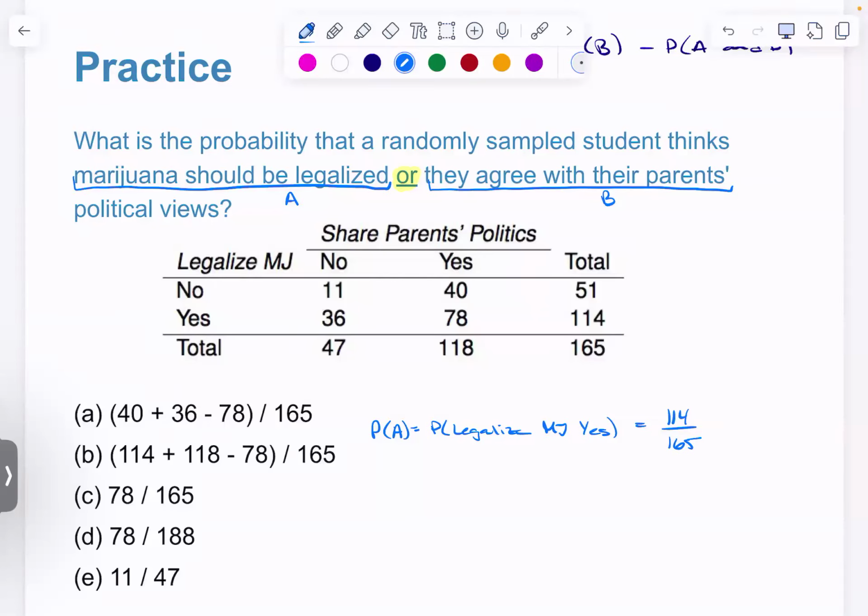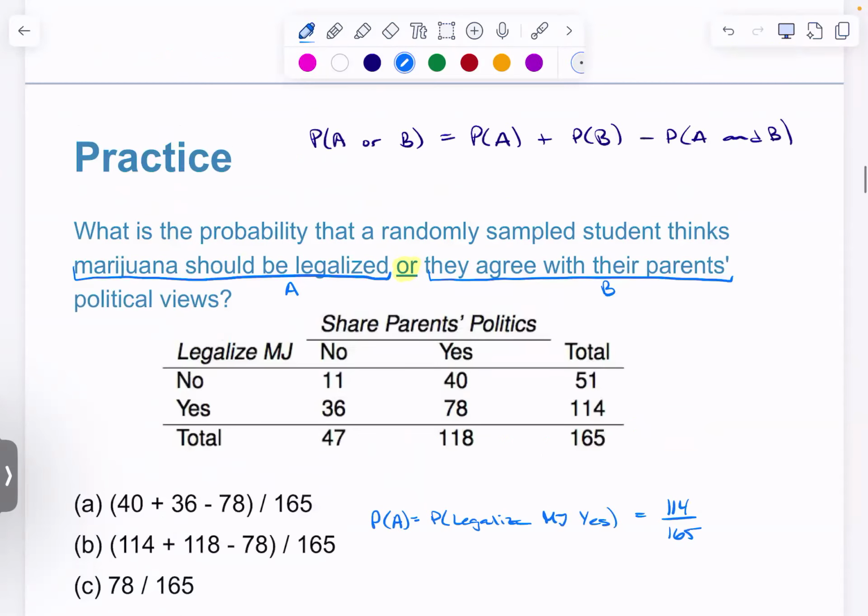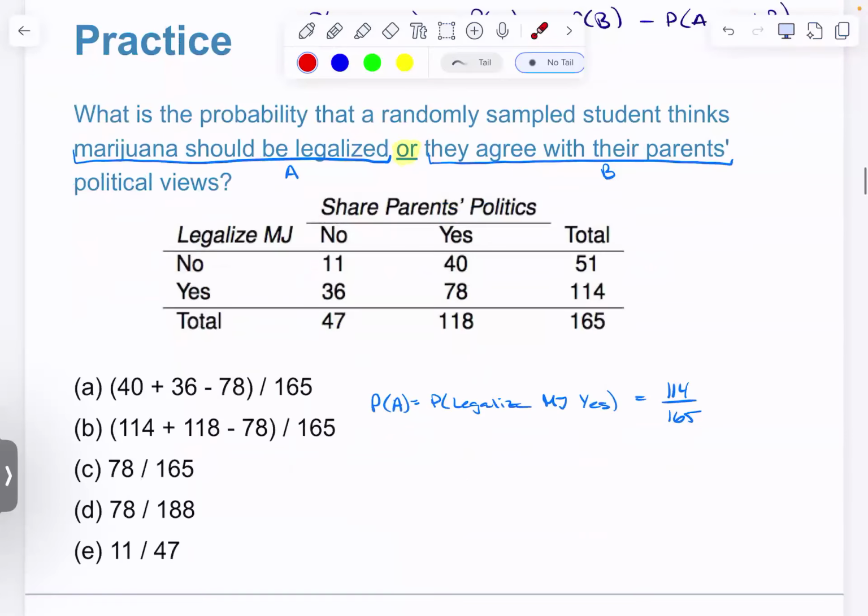Then it's really nice when I give you this contingency table, and you have to draw your probabilities from it. And now we're just doing a little extension using the formula to find additional probabilities. If B is that they agree with their parents' political views, then that would be a yes to the share parents' politics.